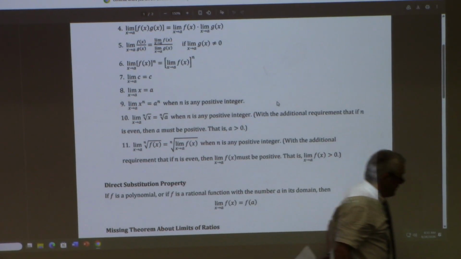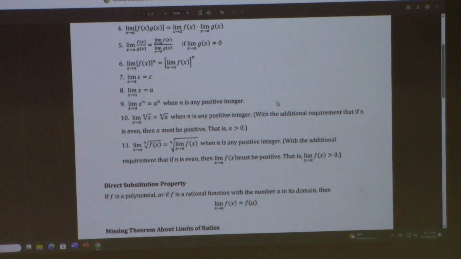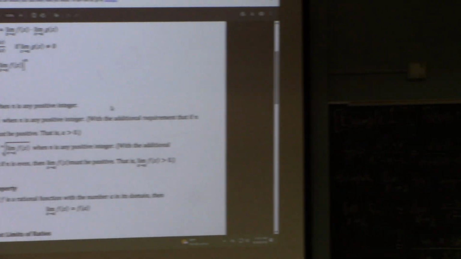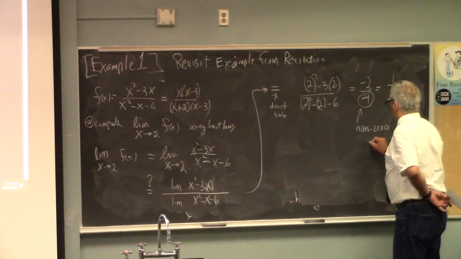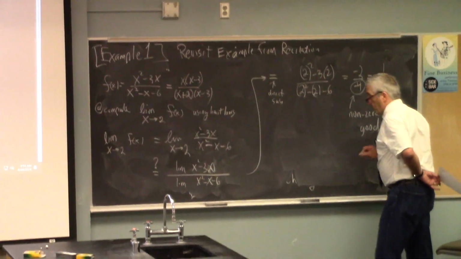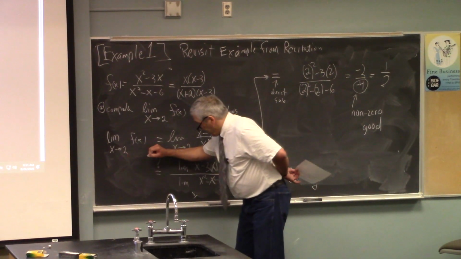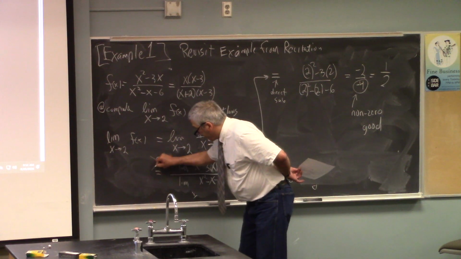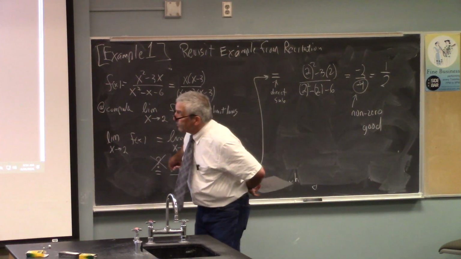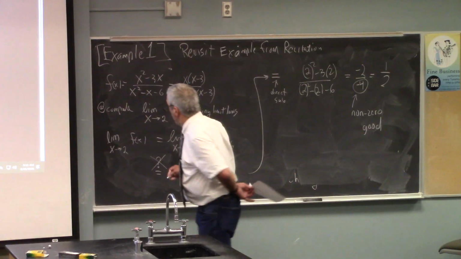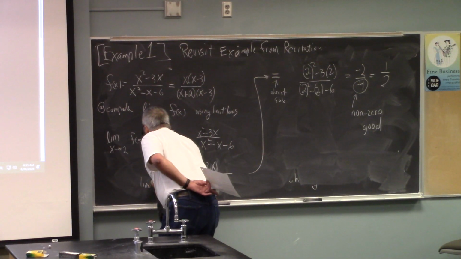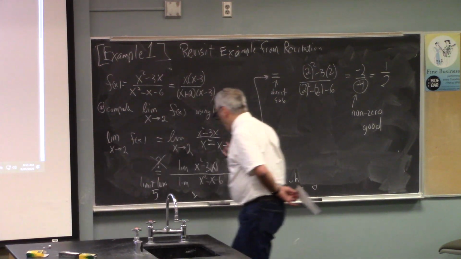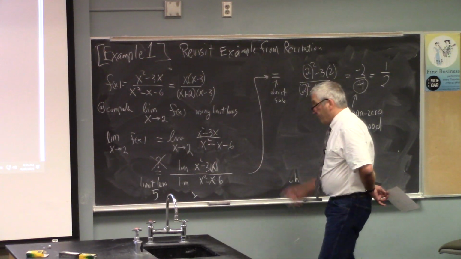So when we get to this step and we realize that this is non-zero, that's good. So we can get rid of this question mark and say that this is the result of limit law 5, that the limit of a quotient is the same as the quotient of the limits.